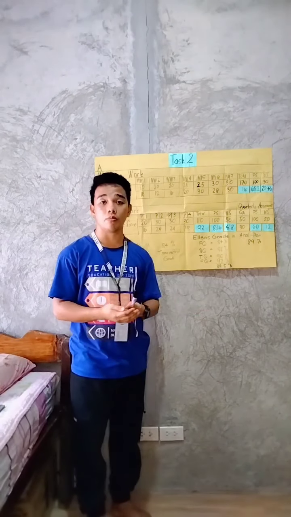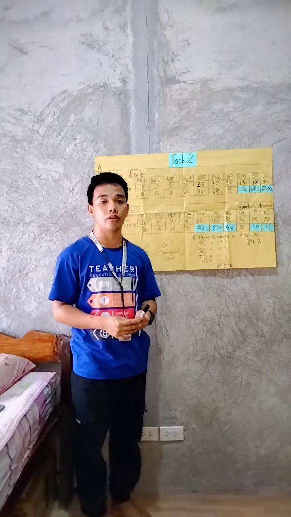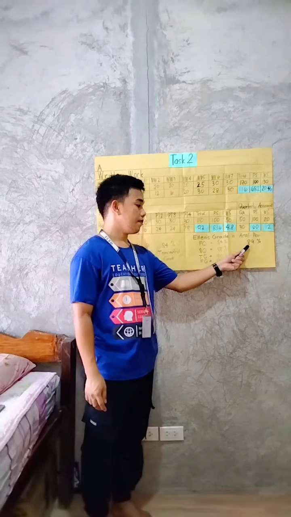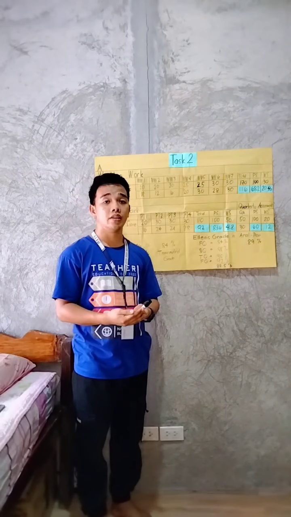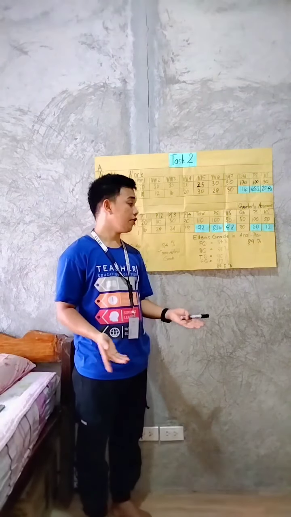So, 88.5 can be rounded to the nearest unit, which is 89%. So, the grade of Ellen for the whole year is 89%. Ellen's final rating is 89%, and its descriptive rating is very satisfactory or passed.